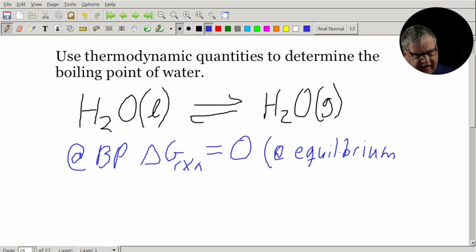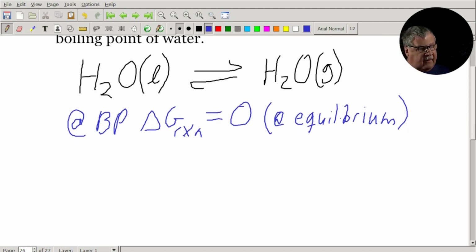If something's at equilibrium, then delta G for that reaction is 0. That's something we defined earlier. So here's the question. How could I calculate the temperature at which this is going to happen? Let's go back and remember the Gibbs-Helmholtz equation.